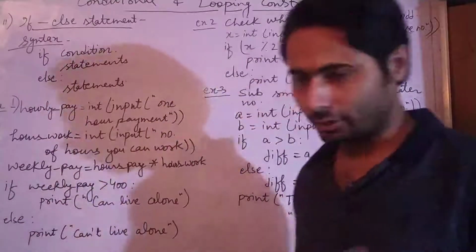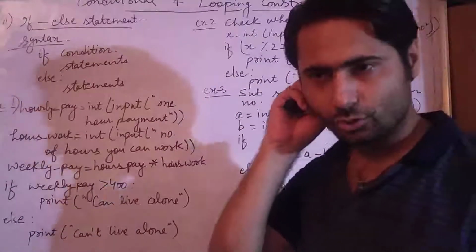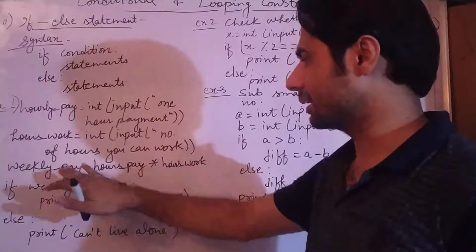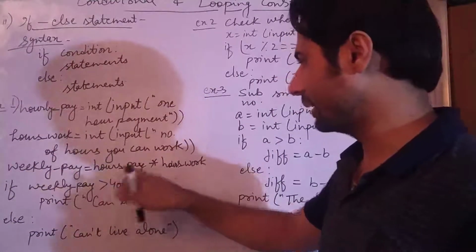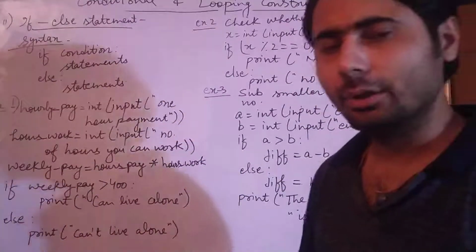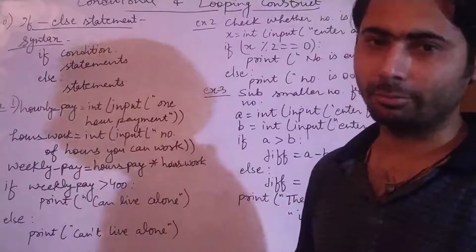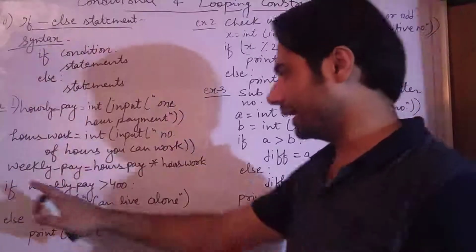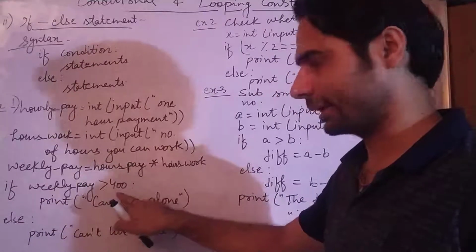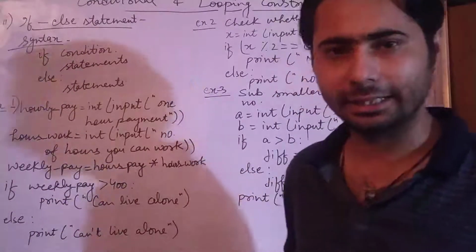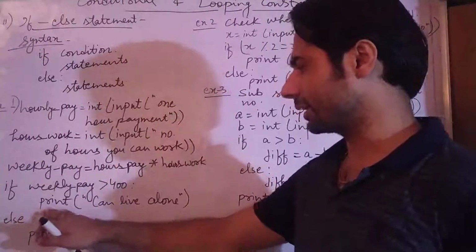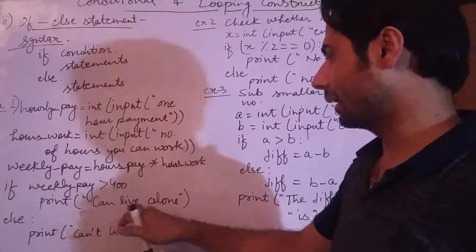According to the condition, जो हमने यहाँ पर कैलकुलेशन की है कि उसको पूरा वीकली पेमेंट कितना मिलता है, 1 आवर का पेमेंट मल्टीप्लाई बाय आवर्स वर्क. इट मीन्स उसने कितने आवर्स पूरे वीक में काम किया है. नाउ लेट अस चेक इफ वीकली पेमेंट ग्रेटर देन 400. अगर उसका पेमेंट बनता है 400 से ग्रेटर, देन there will be a result: can live alone.